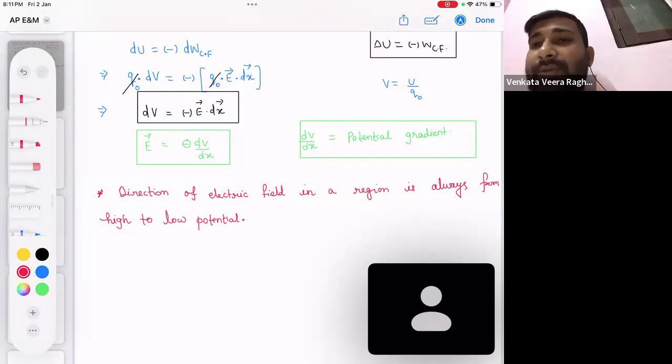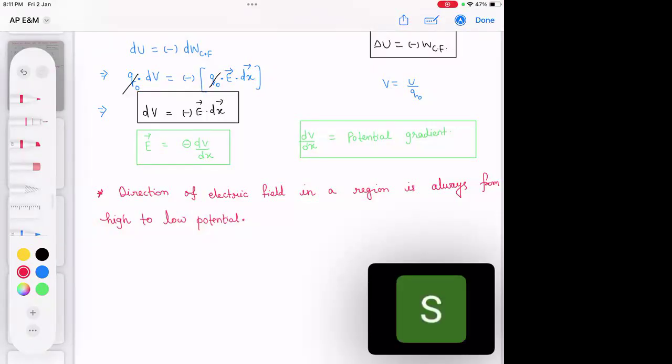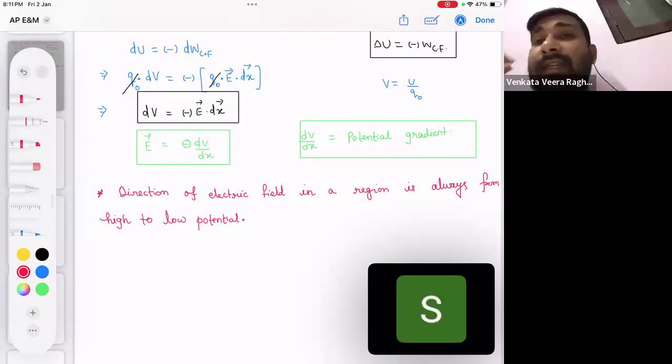Please tell me, any question up till now about what we discussed? Right. So if electric field is given in a region, we can find the potential difference. And second, if potential is given, then we can also find out the electric field in the region.